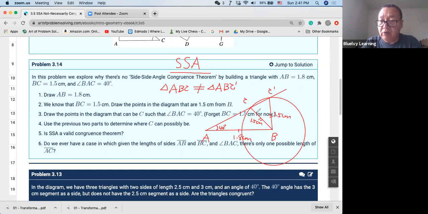But here, the two triangles we get are totally different. So using SSA, you cannot guarantee the triangles you get are congruent.